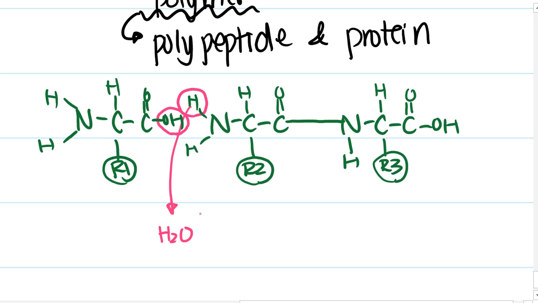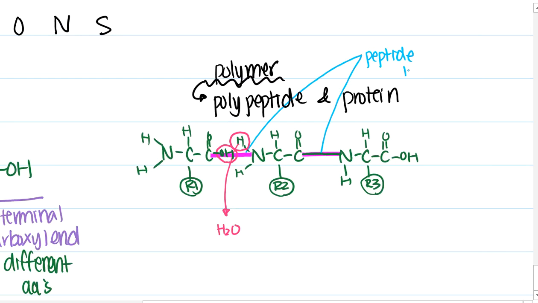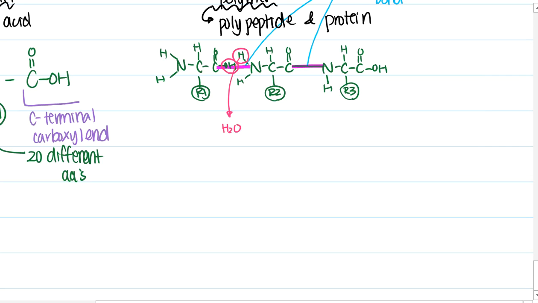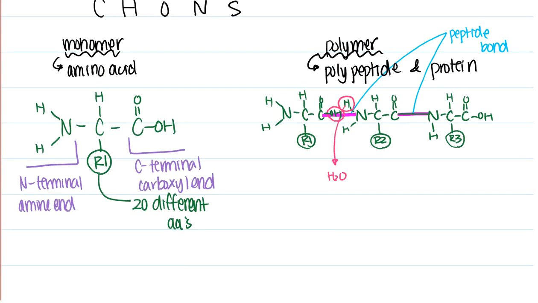HOs like to leave, right? So when they leave, we end up creating a bond between carbon and nitrogen. Do you see that? This is the bond that I've created right there. This special bond has a special name. It is called a peptide bond. It is a covalent bond, hence we have changed the chemistry of the amino acid. It is now a polypeptide or a protein. It is no longer just an amino acid.